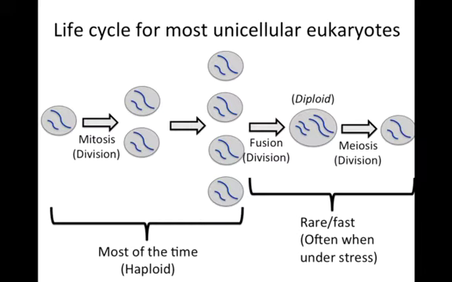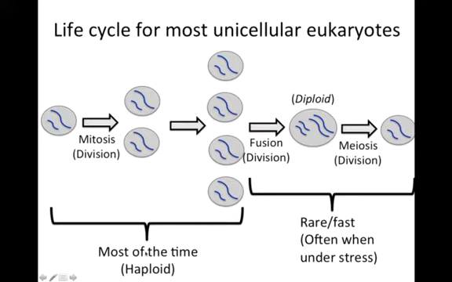Okay, so let's focus in on what the life cycle looks like for many unicellular eukaryotes. As opposed to ourselves, where the diploid stage is multicellular, in this case we're talking about where it's always unicellular. So this is kind of the opposite of what we're accustomed to. We're accustomed to thinking of ourselves as diploid organisms that are almost always diploid and just have this tiny little egg and sperm stage.